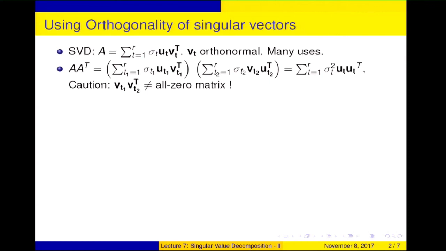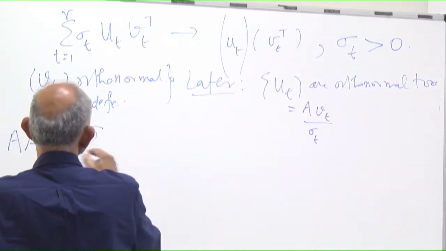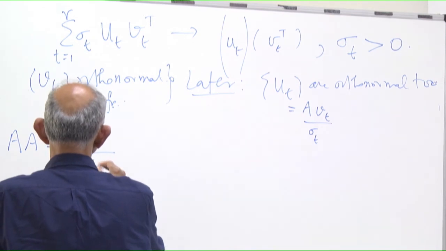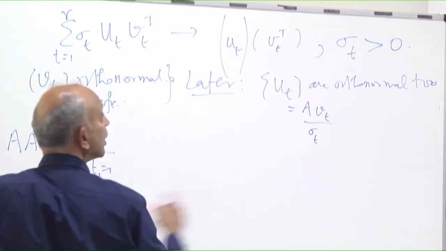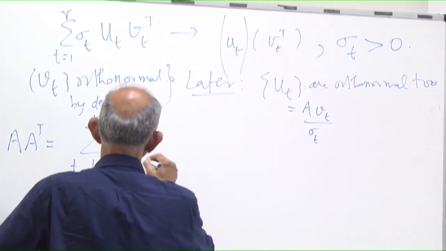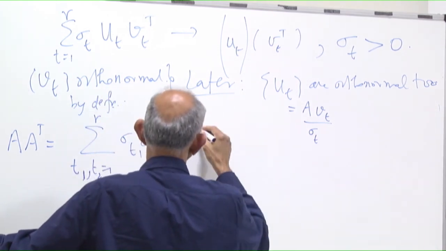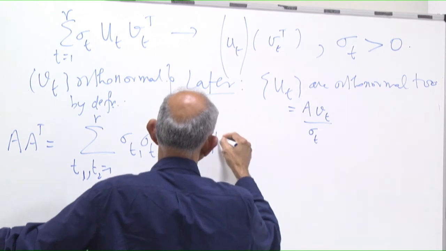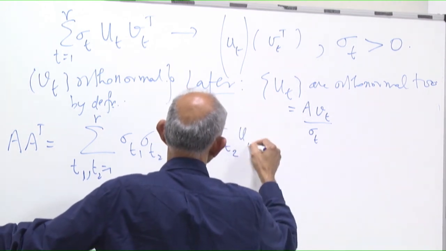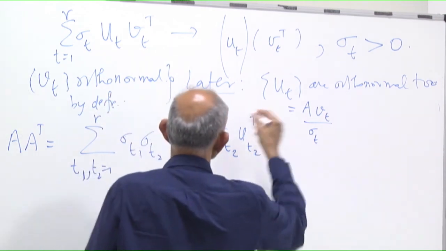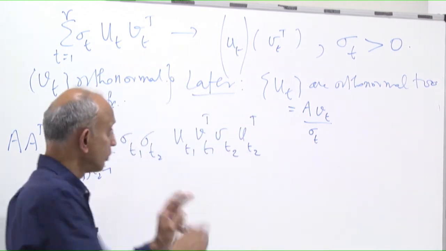So let me just write one more step here in the middle. I'm going to multiply them out. That's t1, t2 going from 1 to r, sigma_t1 sigma_t2, and I will get u_t1 v_t1 transpose v_t2 u_t2 transpose.